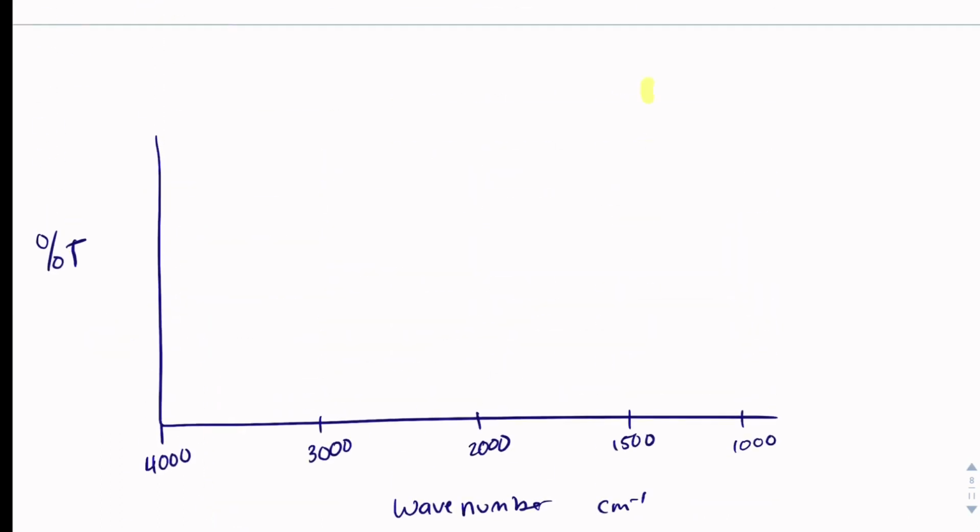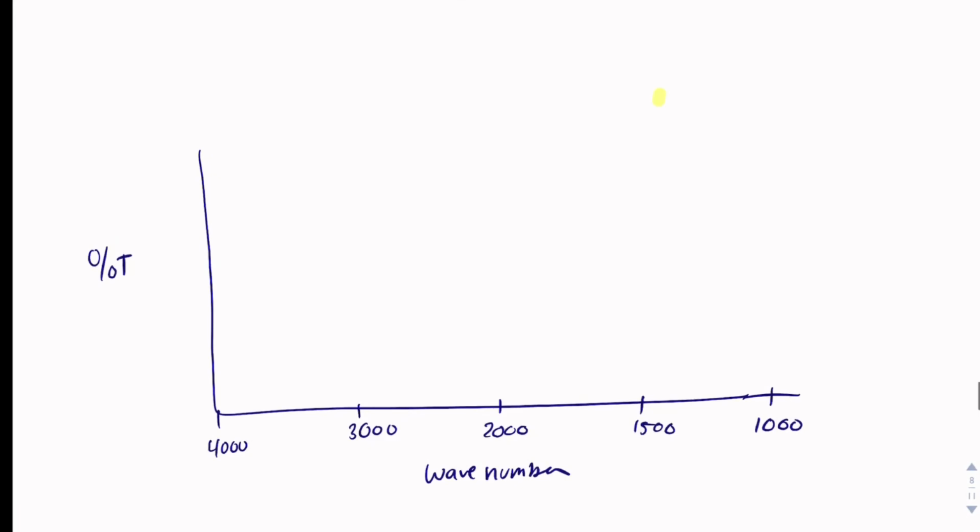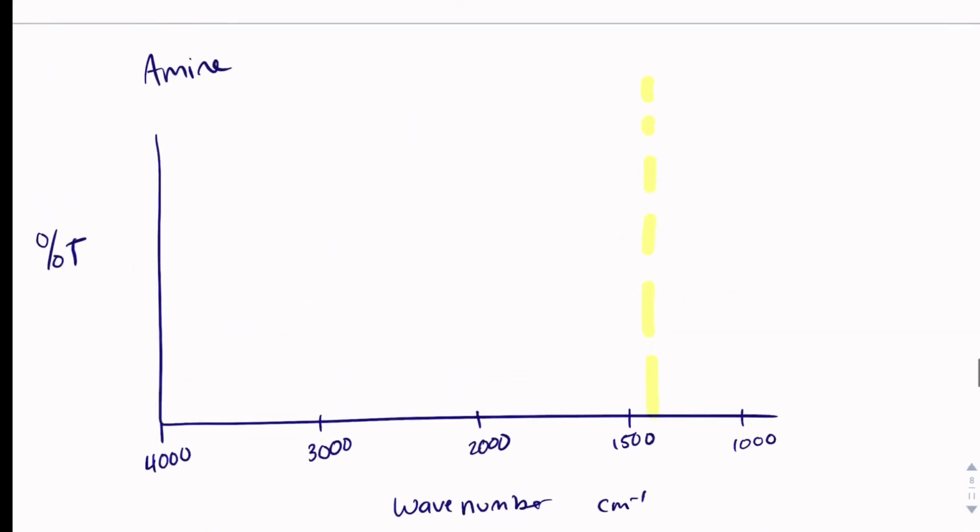Let's do an amine group. We are still going to have our fingerprint region. An amine group is an NH group. Let's say we have an NH2 group. So it looks like this. Because this nitrogen is bonded to one carbon, one R group, this is going to be called a primary amine.